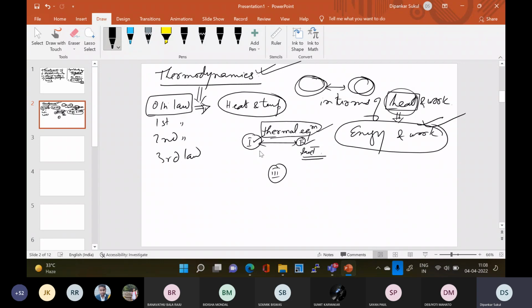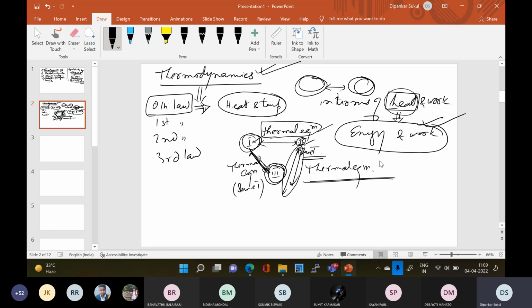Now, if body 1 and another body 3 also maintain thermal equilibrium, that is the same temperature, then body 2 and body 3 will automatically maintain thermal equilibrium. That is, if these two bodies have the same temperature and these two bodies have the same temperature, then automatically these two bodies will have the same temperature. Thermal equilibrium means the same temperature.